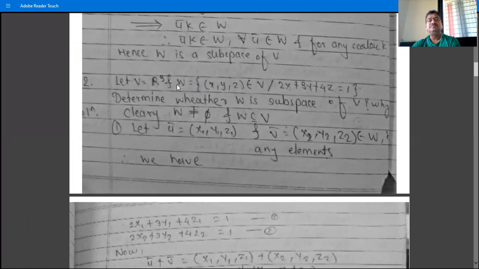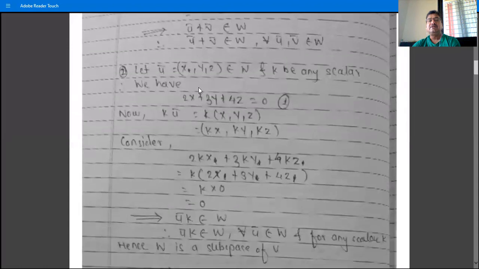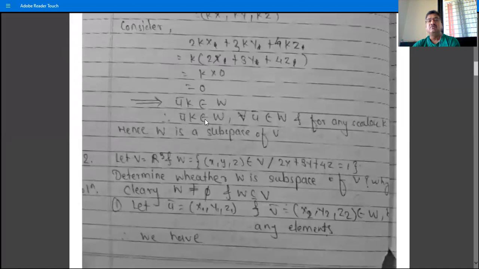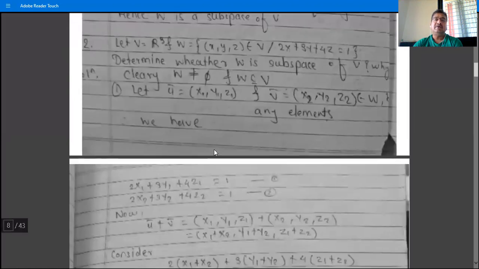First, the addition of every two elements of W belongs to W. And second, for any scalar in R, a real number, and any element of W, its scalar multiplication belongs to W. If W satisfies these two conditions, then we say that W is a subspace. Otherwise, if one of these conditions fails for W, then W is not a subspace of V.